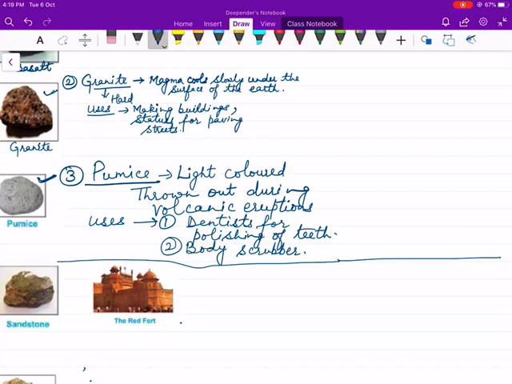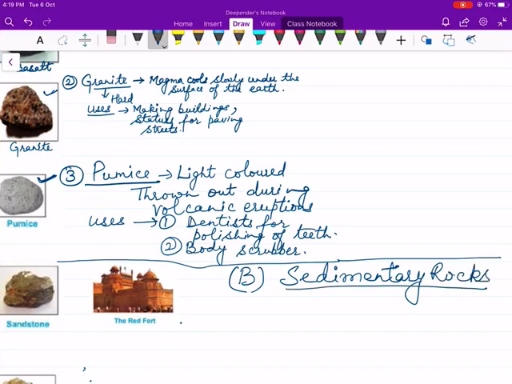Good morning, students. Today we will start our new topic, that is the second type of rocks, that is sedimentary rocks and its types. Already in the previous lecture we have discussed how sedimentary rocks are formed by the accumulation of sediments.